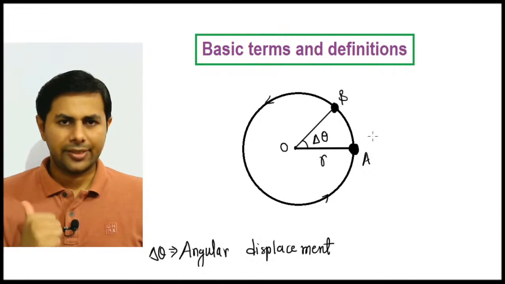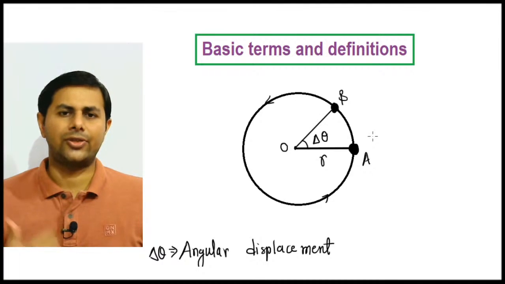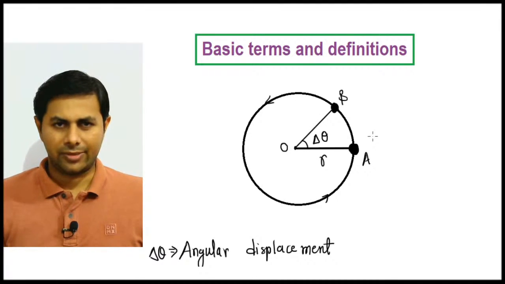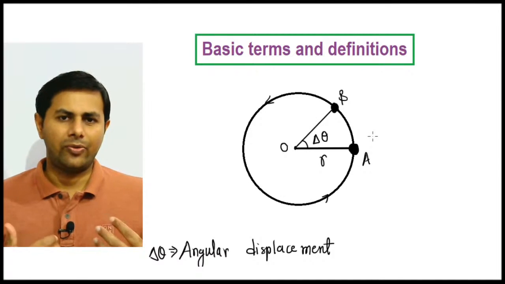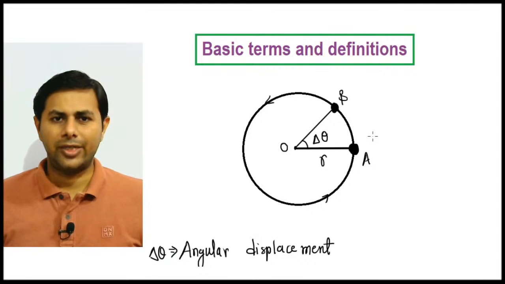Your stretched thumb denotes the direction of the angular displacement. If you use this convention, then no matter from what direction you are watching this object, the direction of angular displacement will be the same.